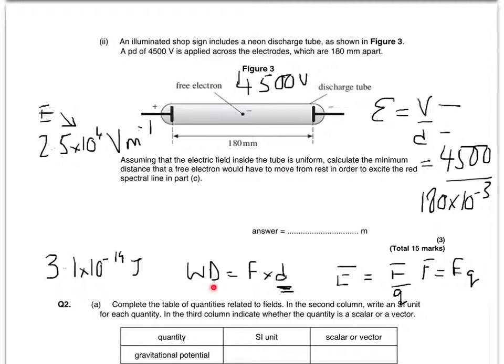So we know that the work done is 3.1 times 10 to the minus 19. We know the force is 4 times 10 to the minus 15. We'll write that on there.